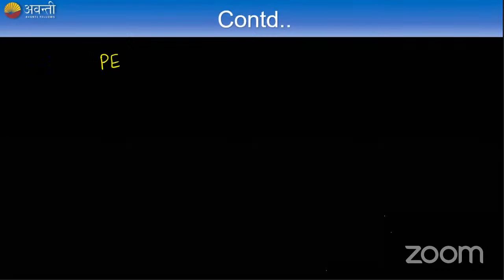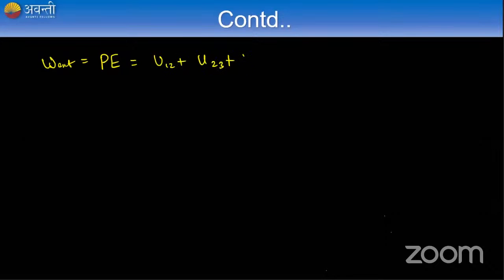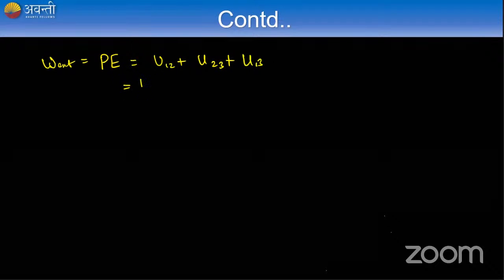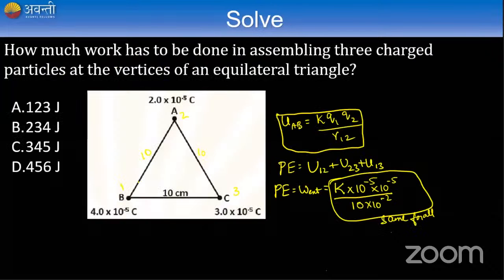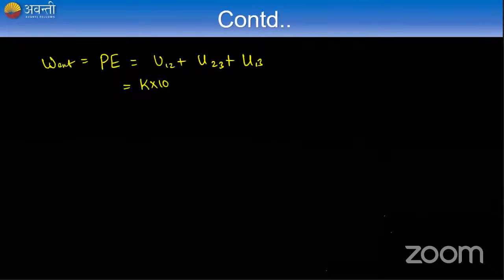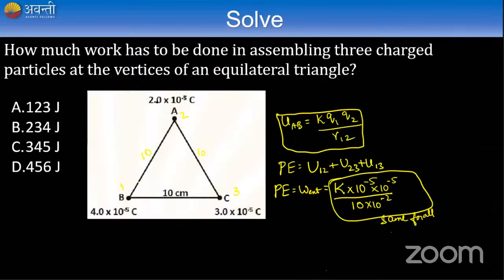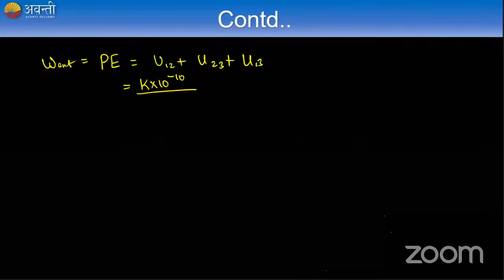So the total potential energy, that is the total work external to be applied, is the change in potential energy, that is U12 plus U23 plus U13. In all these cases, one thing is common: K into 10 power minus 5 squared will become 10 power minus 10, divided by 10 into 10 power minus 2, which will be 10 power minus 1, right?